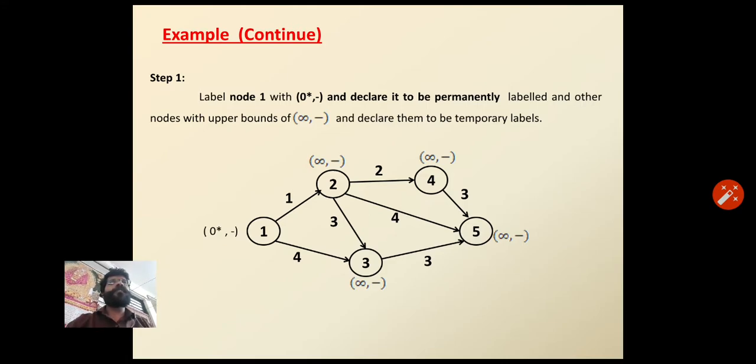Why do we mark infinite distance? Because until now we cannot know the distance from node 1 to all the other nodes. So we mark them as infinite.